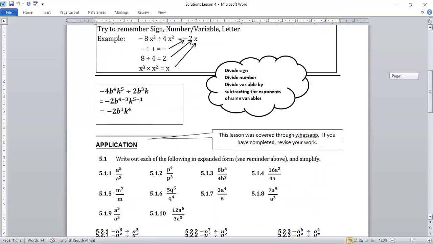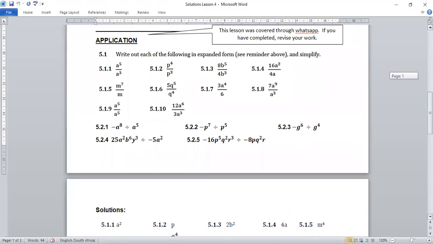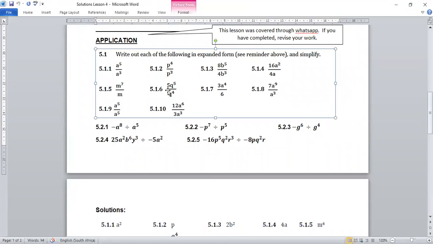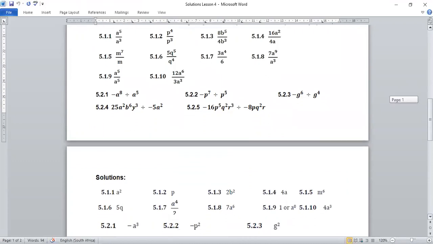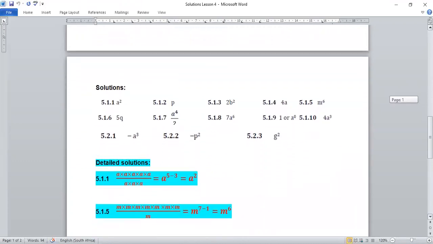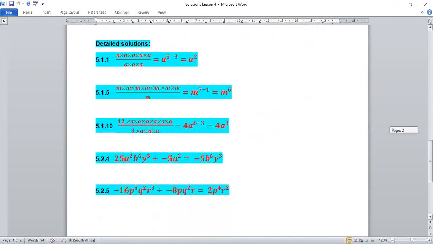Let us now proceed to the following questions that you were given. 5.1.1 to 5.1.10, and then these questions here. The solutions to all these questions are shown here. And what I'm going to now do is work out the detailed solution.